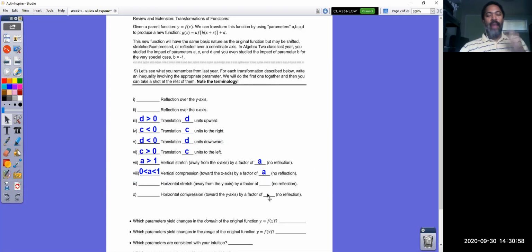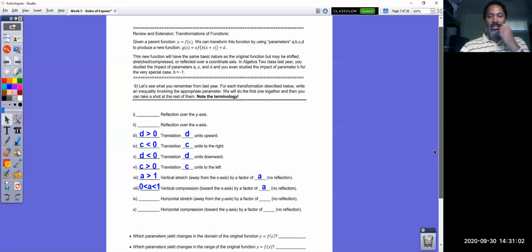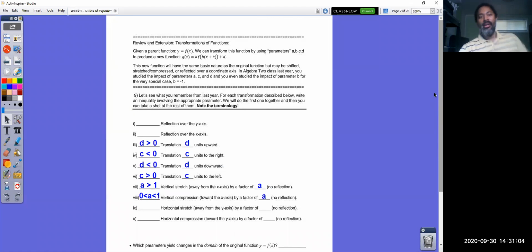By a factor of A, so whatever that number is, if it is greater than 1, it's a stretch. If the number is between 0 and 1, it's a compression, and you use that value of A.